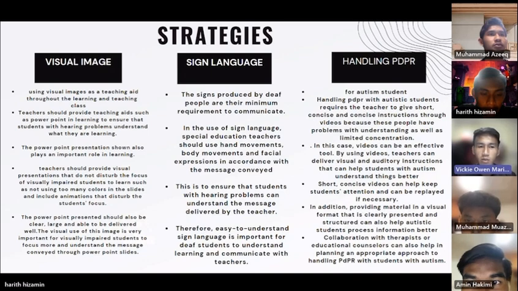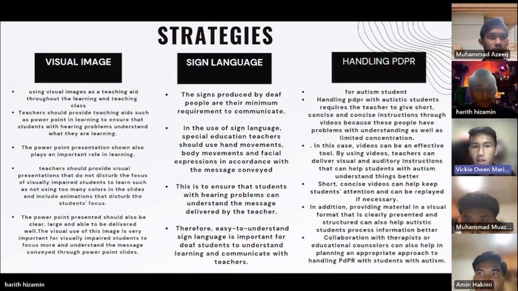The fourth strategy is sign language. The sign produced by deaf people is their minimum requirement to communicate. So in the use of sign language, special education teachers should use hand movement, body movement, and facial expressions in accordance with the message conveyed.